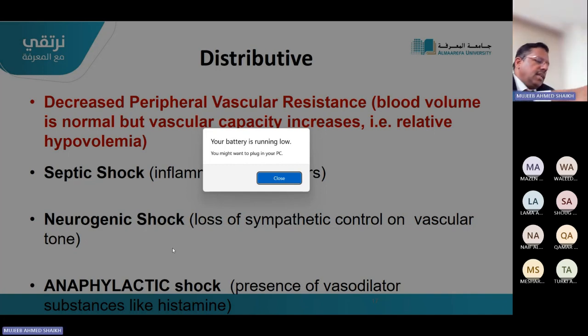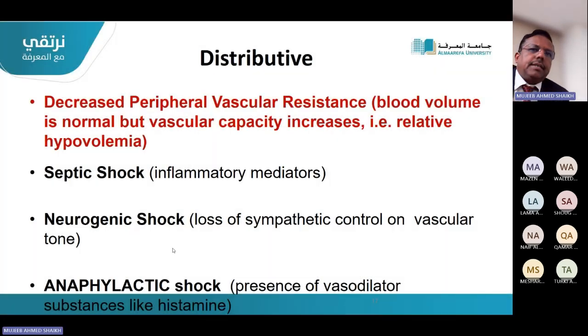And then from the lungs, it will go to the right side of the heart. So the right side of the heart will also have more blood on the venous side. So you will see edema present. Edema will appear in case of which shock? The cardiogenic shock.